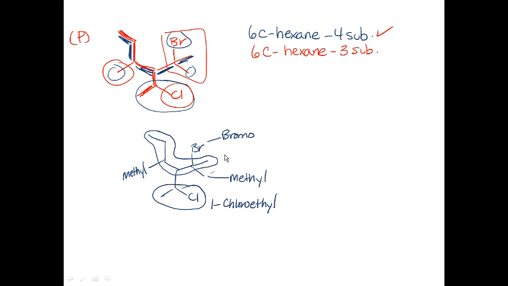Okay, so I've got a 1 chloroethyl group because again, here's my attachment point, carbon 1, carbon 2, ethyl, attached to carbon 1, chloro.